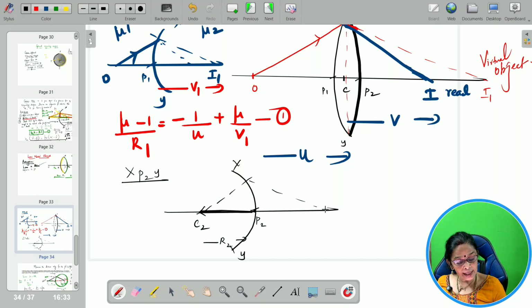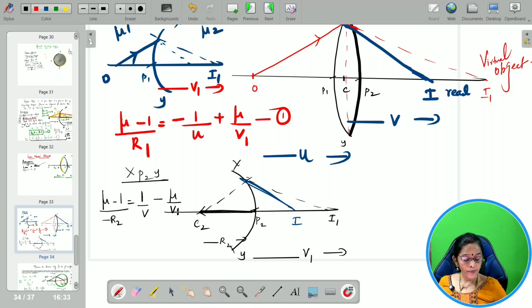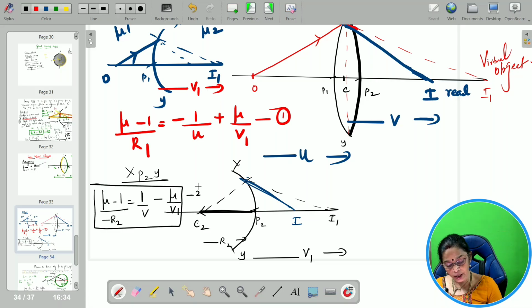This is acting as an object: V1 is an object, and then we get an image here. So for the XP2Y surface, I have to write mu minus 1 by minus R2 is equal to plus 1 by V minus mu by V1. This is equation number 2.